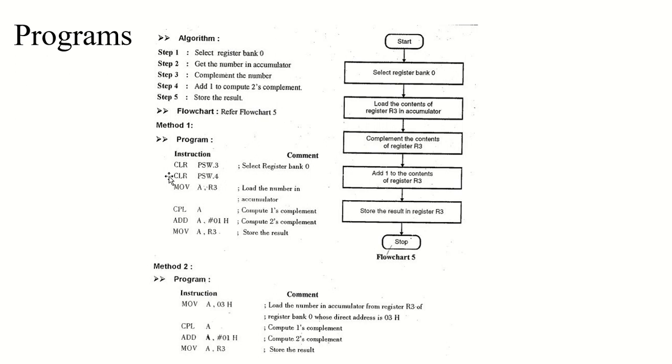It will be all the same, because by default the microcontroller will select the register bank 0 unless you have already selected some other register bank and you haven't cleared it after completing your program. So you can remove the first two instructions from the program if you have a habit of clearing your programs after execution. So that would be it.